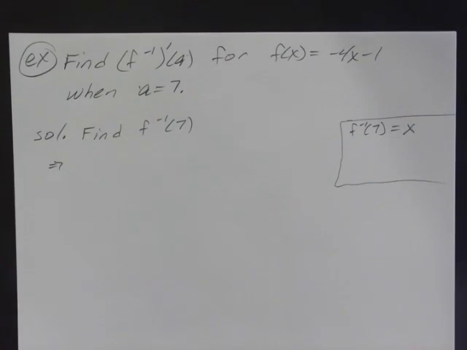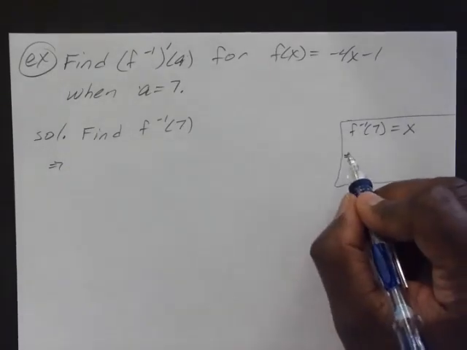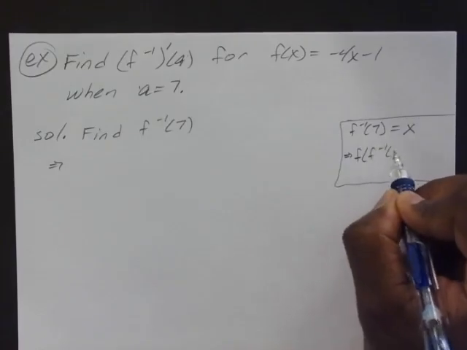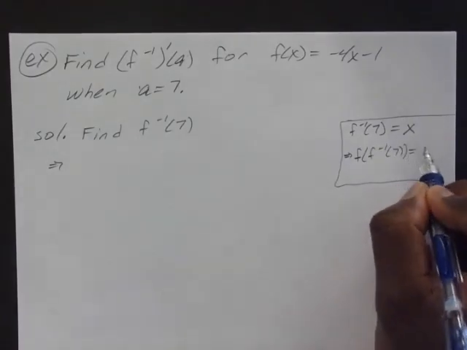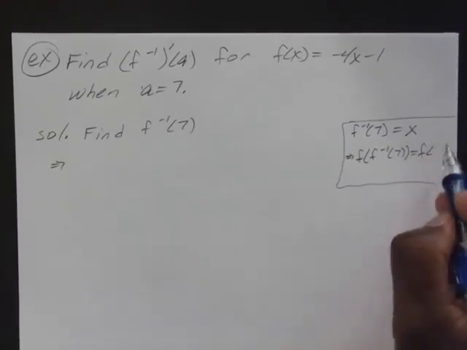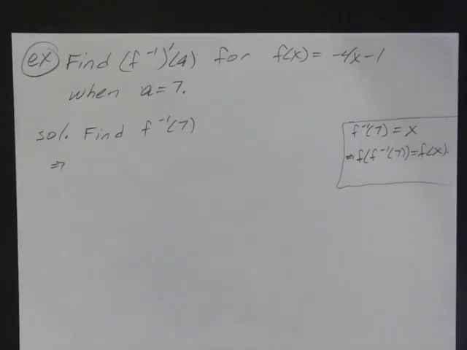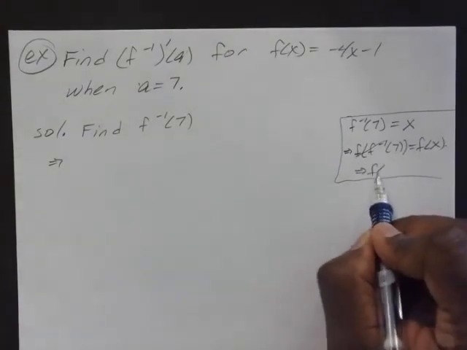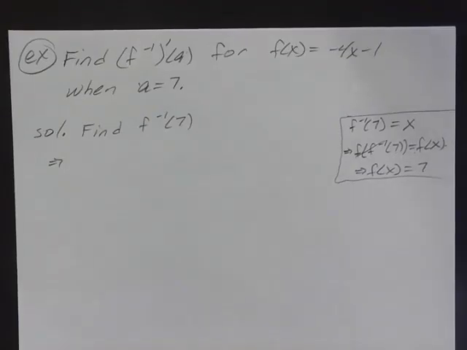So if we take the function of both sides, so that's f of f inverse of 7 equals f of x. Again, we know the function and its inverse cancel each other out. So you have 7 is equal to f of x, or just f of x is equal to 7.